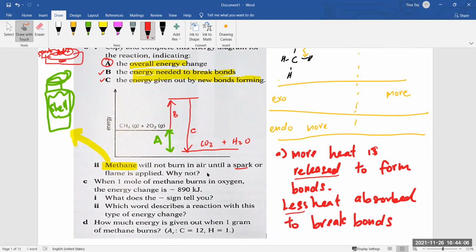It is because energy must be absorbed first, to break bonds. If not, no reaction can occur.